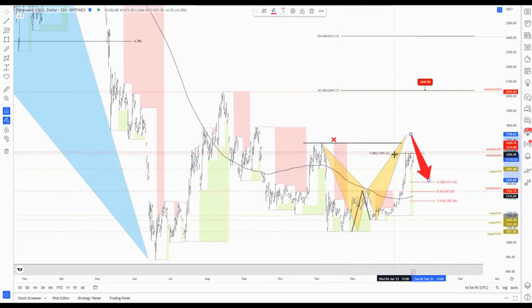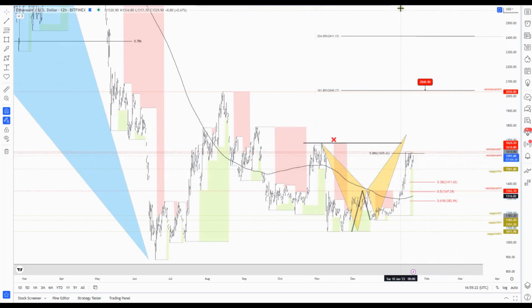So for that reason, when you short the bearish bat pattern, always take into consideration the starting point of the pattern, and you need to provide some room for them to work. Of course, you need to measure your potential reward, and you never enter the market to lose more than what you expect to win, which means you never put your stops where you will lose more money than what you expect to win.